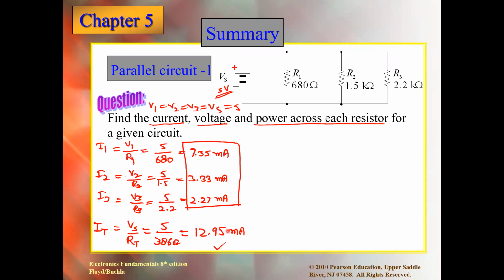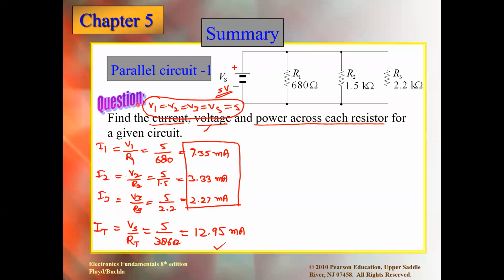Yes, the same. That's why I said KCL, Kirchhoff's current law: total current will always equal the sum of branch currents. Clear? What next can we do? Voltages. Voltages we already calculated. All voltages are the same, so no need to worry here.